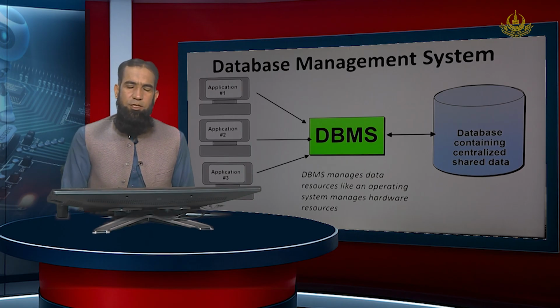These management systems are used for different applications: some for big applications, for example enterprise applications, and some for small personal applications, for example software for a small store or a small school.